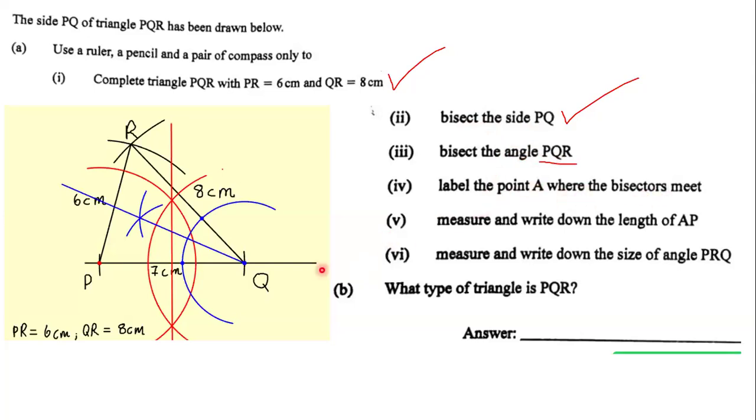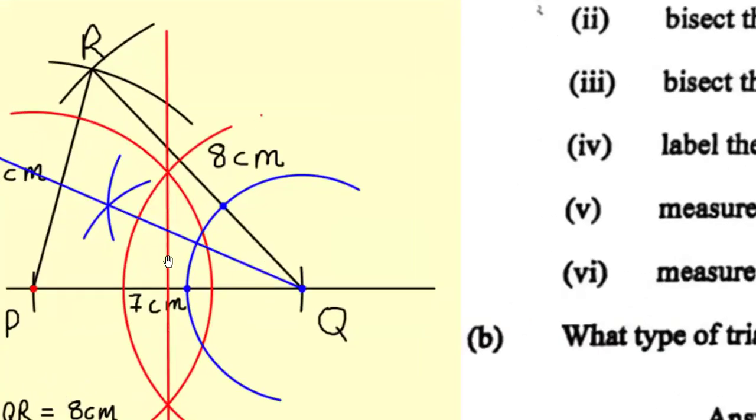So the bisectors are going to meet where? Right here, where the red line and the blue line intersect. You all understand what I'm saying? This is the point where the bisectors meet.